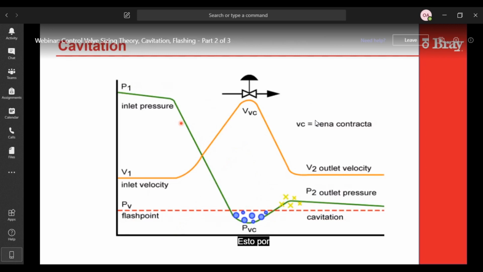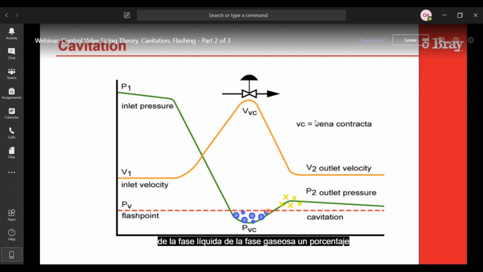This, on the other hand, this chart shows that your P1 pressure accelerates and the velocity increases to the point where it drives the pressure at the Vena Contracta below the vapor pressure. So what happens? You get a phase change. You go from liquid phase to gas phase.